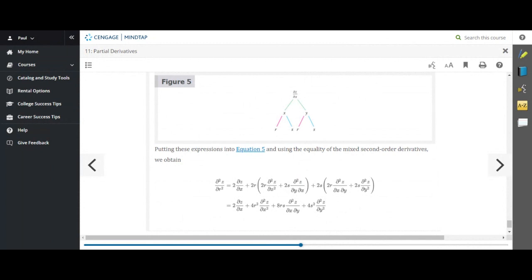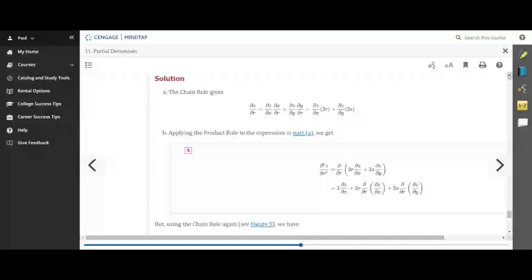And similarly, you could draw another flow chart for the partial derivative of z with respect to y.